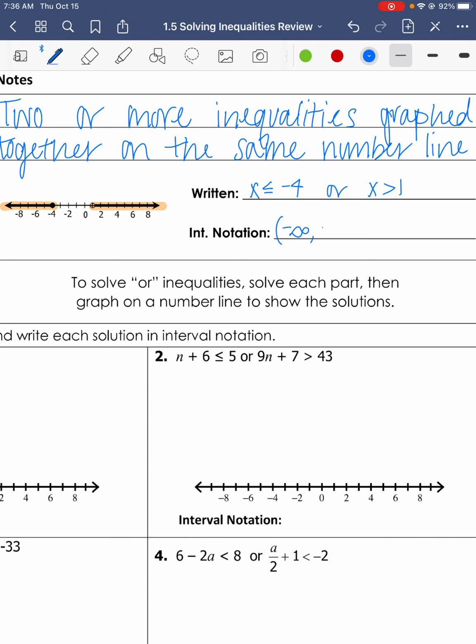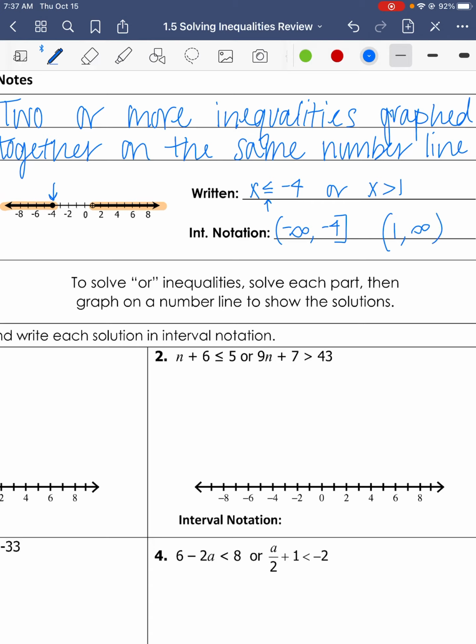That always gets a parentheses, okay? And the upper bound is going to be -4. It's going to get a bracket because it includes -4. And we know that because of the closed circle and because there's the equal to underneath. The second interval, the lower bound is going to be 1. It does not include 1 because it's an open circle, so we're going to give it a parentheses. And then it goes forever in the right direction, towards the right, okay?